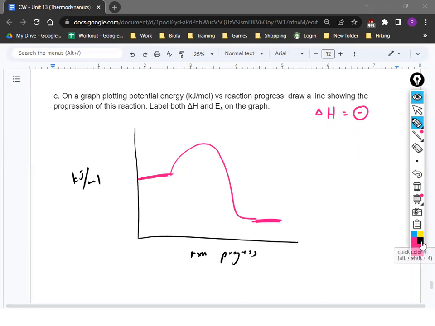All right, now we got to label the enthalpy and activation energy on the graph. Now, the change in enthalpy is going to be the distance between the starting and the ending line. So this right here will be delta H. And then activation energy is just the height of this little bump that we need to overcome in order to proceed with the reaction. So there you go, just something like that.